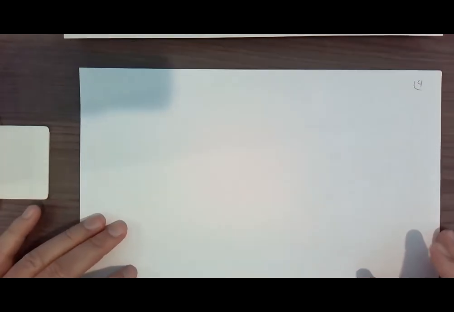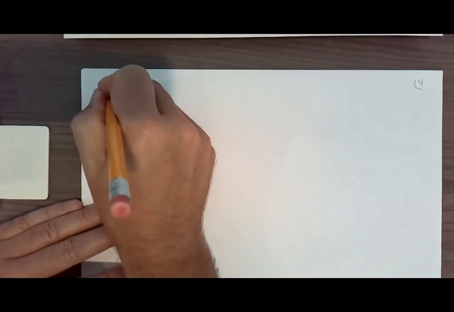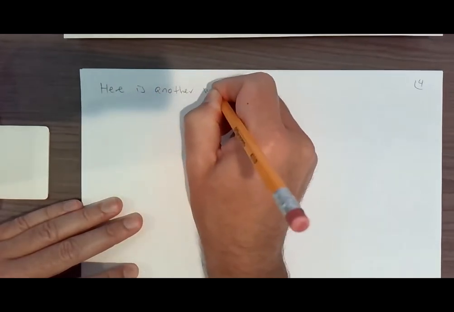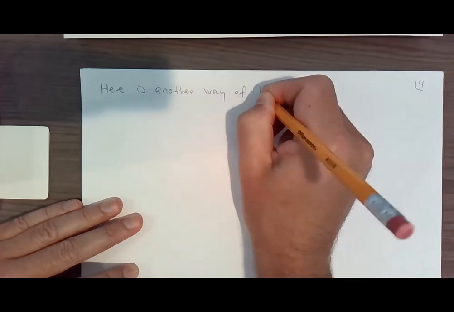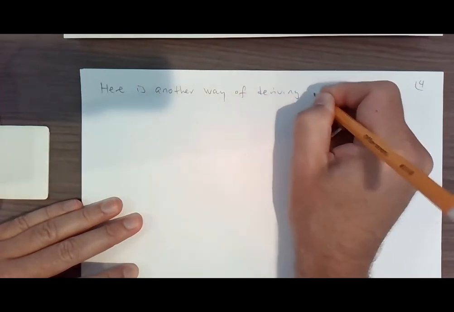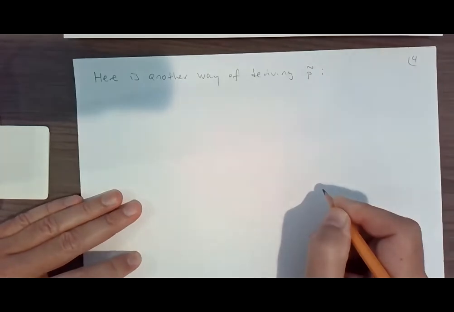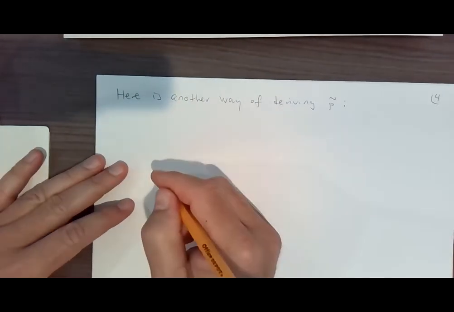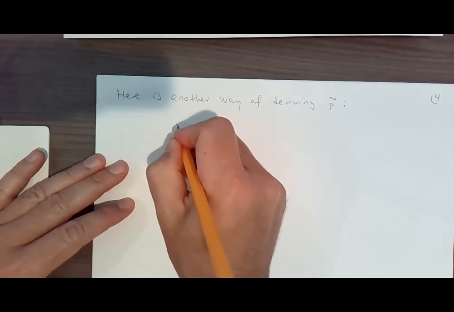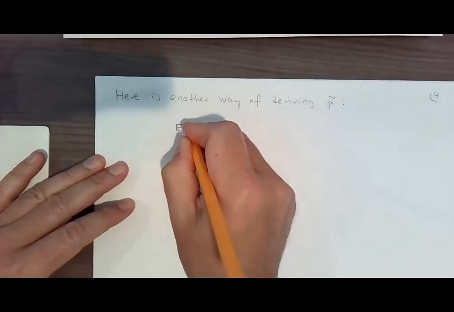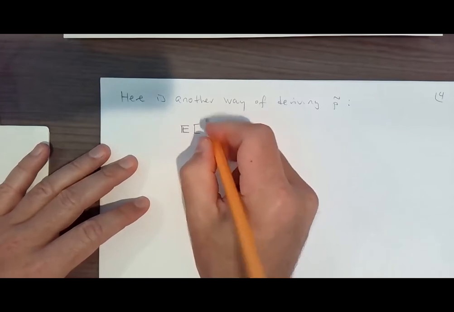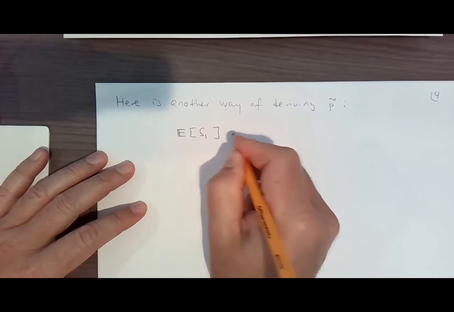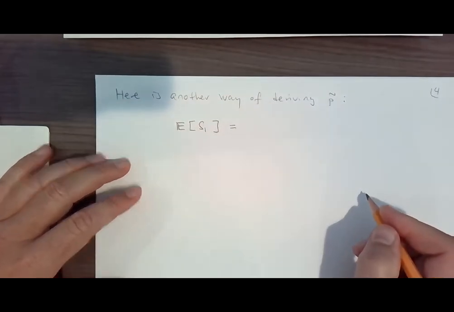So here's another way of getting a p tilde. And this is more similar to your homework. It says, if I am to compute the expectation of, say, the stock, this is the expectation of a random variable, I can figure out what this is.